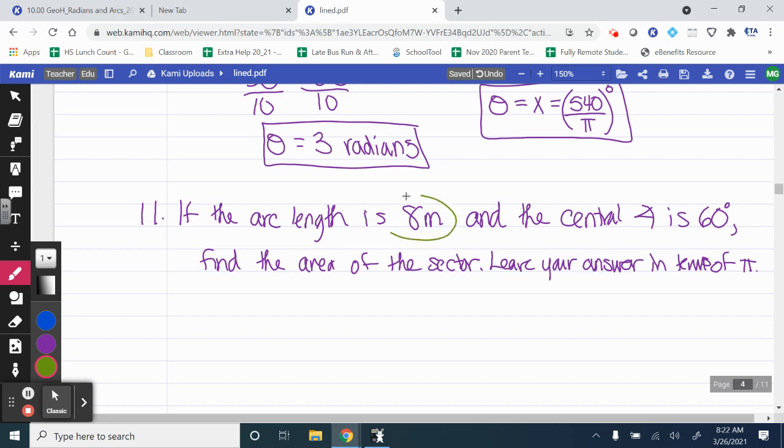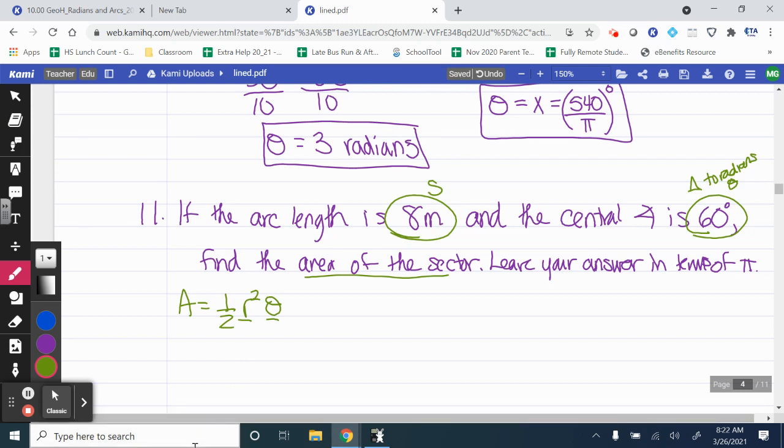All right, so hopefully you found this was your arc length, so that's going to be your S. This is going to be our theta, but we need to change it to radians for theta. And we're looking for the area of a sector. So area of a sector formula is 1/2 r squared theta. So in order to figure out the area, I need the radius and I need theta.